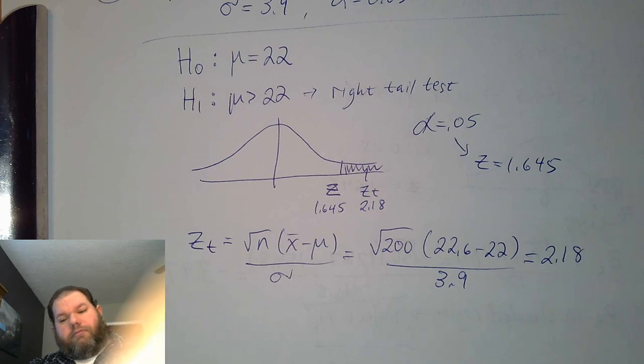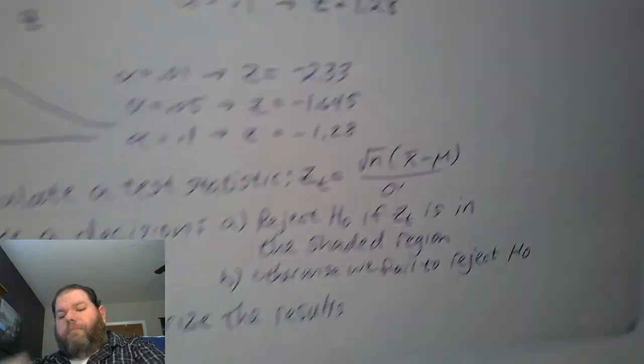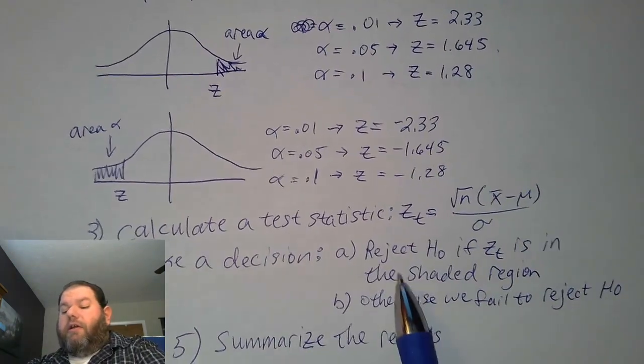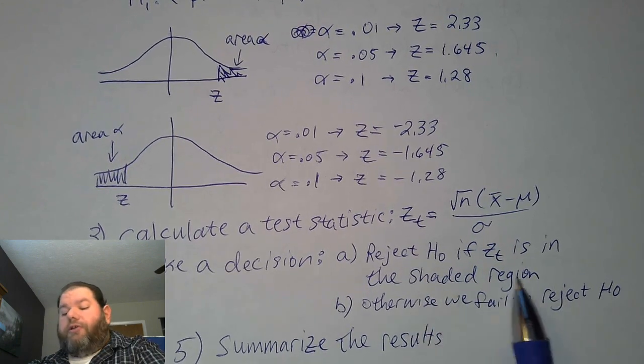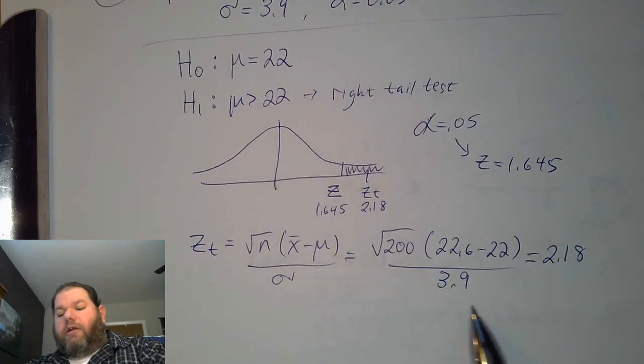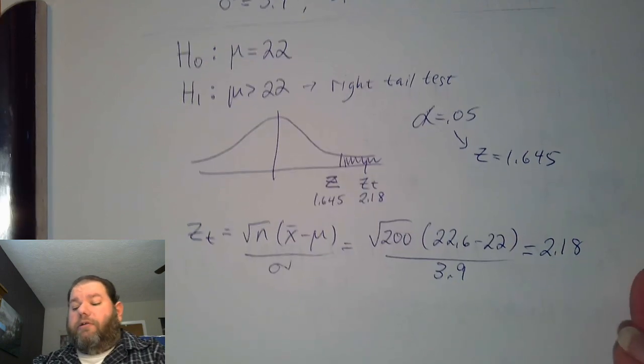So our decision then, again, we reject H0 if Z test is in the shaded region, and that's exactly what we can do here.